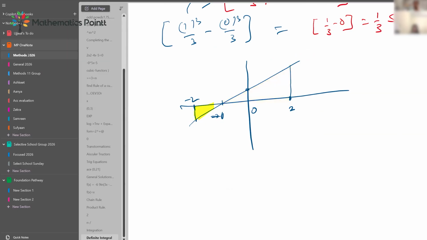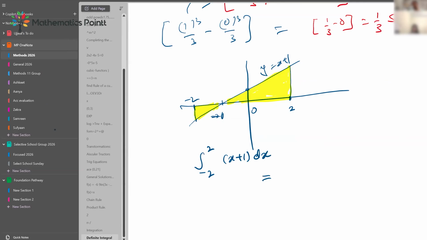Right, not here. This one. Let's try to find it using definite integral. The equation of the line was y equals x plus 1. So now I'm going to find the definite integral, because area under the curve, the yellow portion, is also given by the definite integral between -2 and 2 of x plus 1 dx.